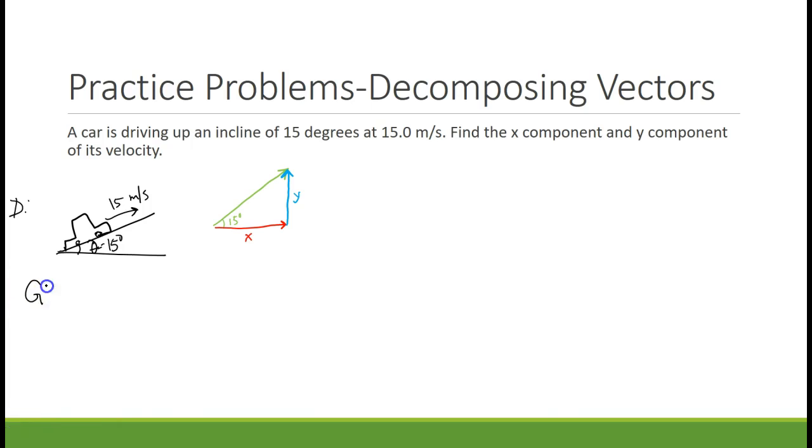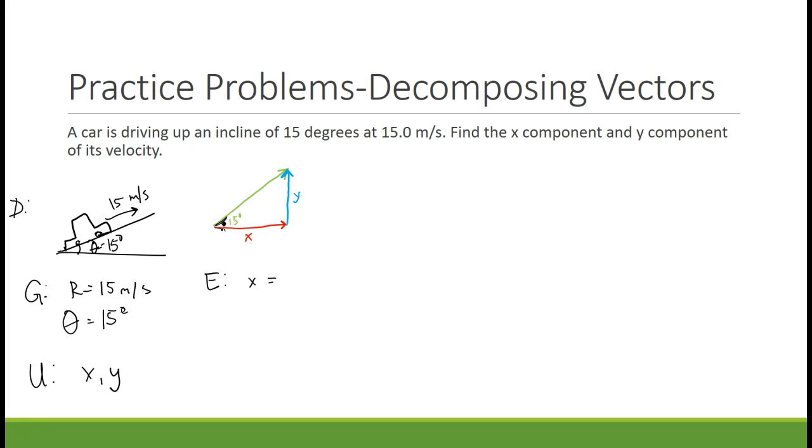So I'm given the resultant is 15 meters per second. And I want to find x and y, and the angle is given. Okay? So I'm going to look at this and figure out that x is going to be either r cosine theta or r sine theta. Now, if this is my angle here, there's my eyeball.